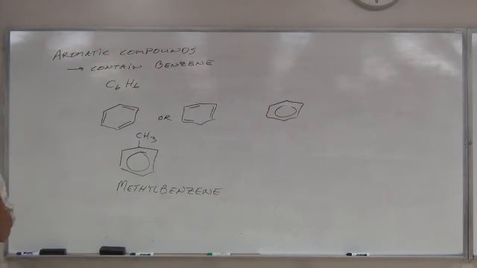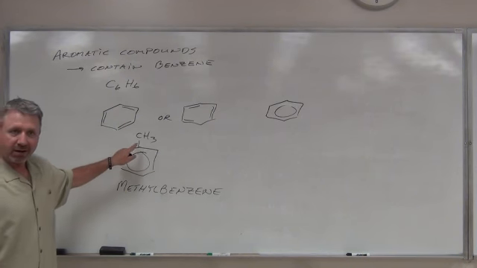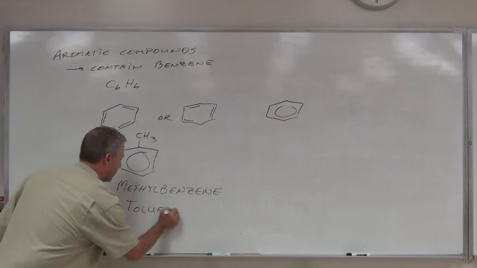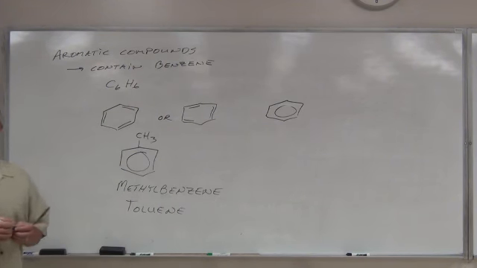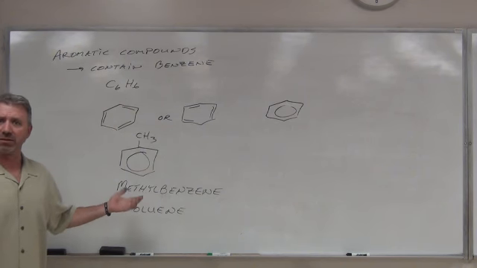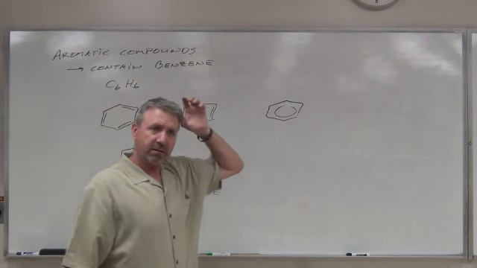Methylbenzene. You can just name the attached group and follow it up with the word benzene. Or you could see this as toluene. This is a major chemical in airplane glue. This is what stinks in airplane glue.